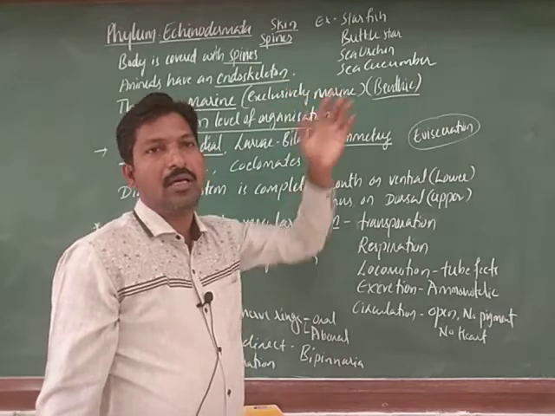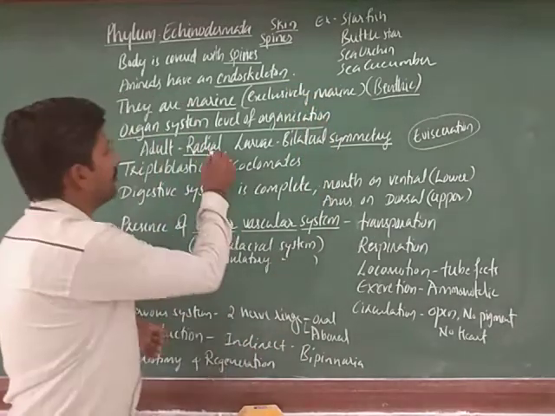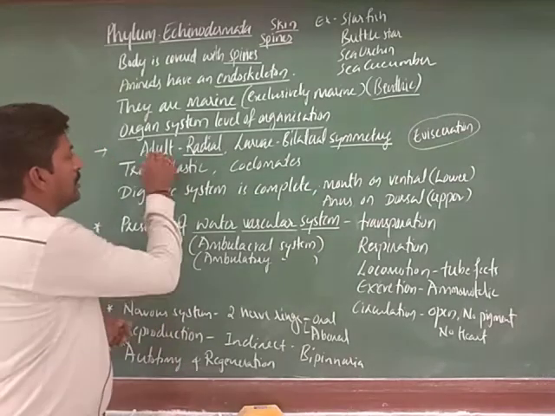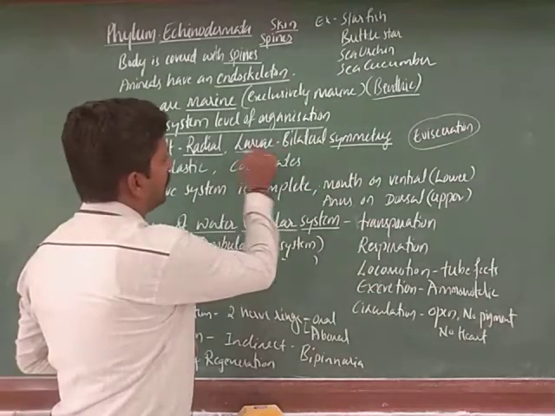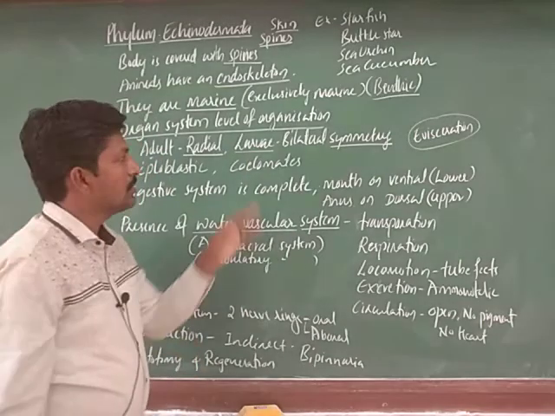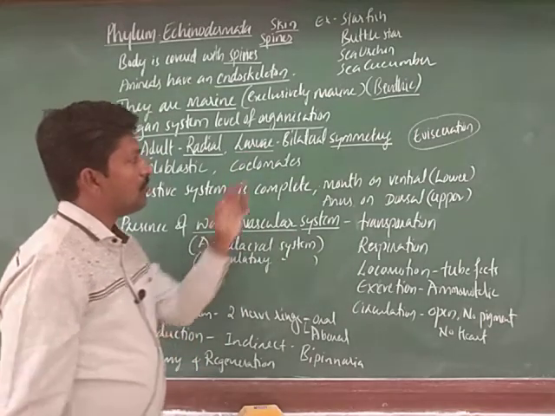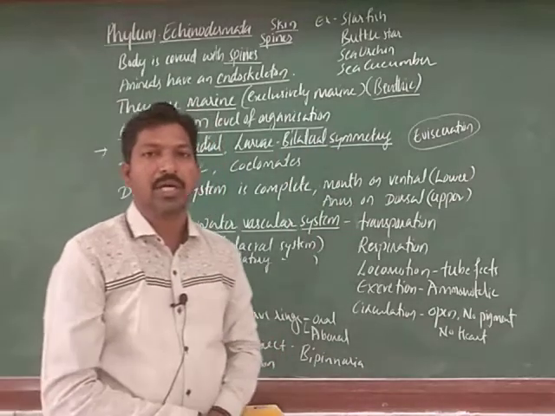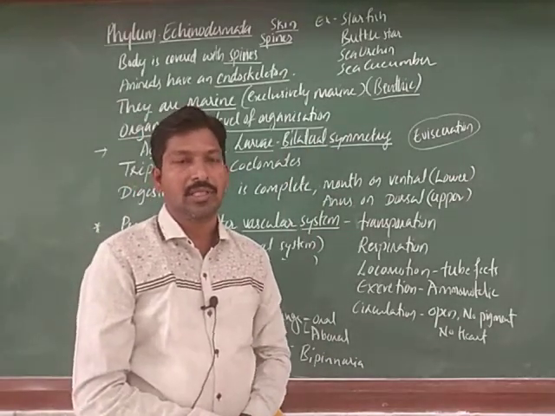That's why we say radial symmetry is observed in adults. In the larval stage, because development includes a larval stage, the larva shows bilateral symmetry.